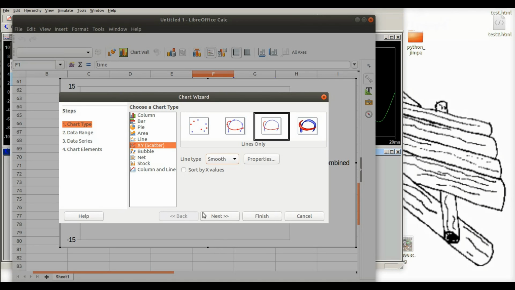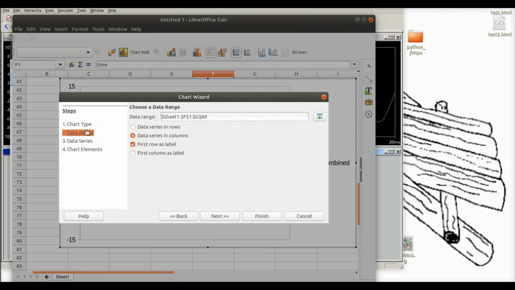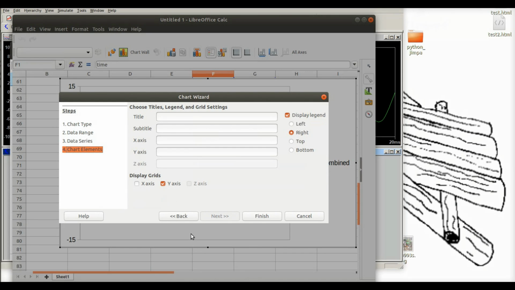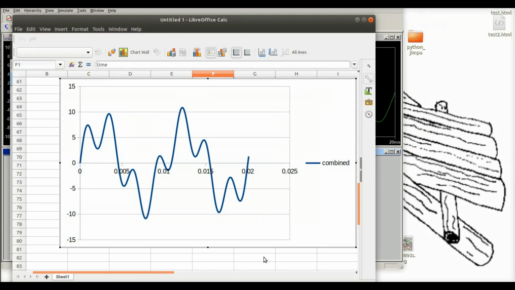My data range, this is why I highlighted and copied, because it gets it, and it picked up my first row as a label, which was time and combined. And so it shows me my X values and my Y values, and I don't have to type them in. Much easier.